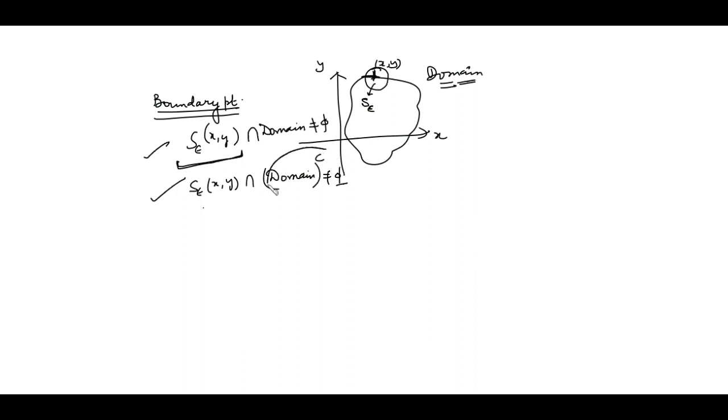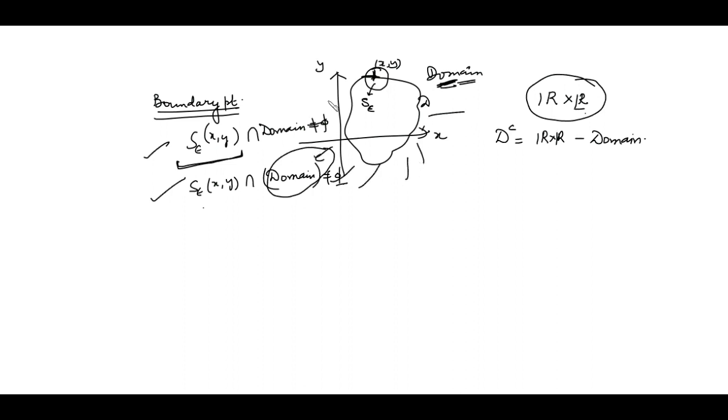Now what do we mean by the complement of a set? If we have the entire plane, and D denotes the domain set, the whole set being the universal set, then the complement will be R cross R minus the domain set, right? So all the points in the rest of the plane, outside this domain, form the domain complement.